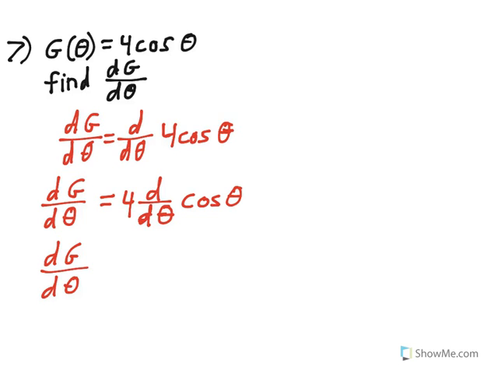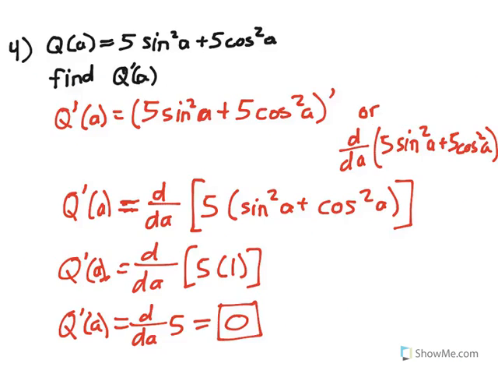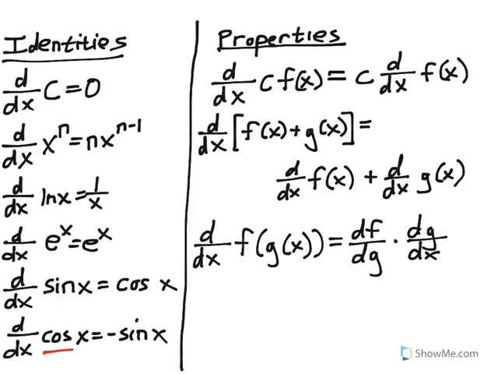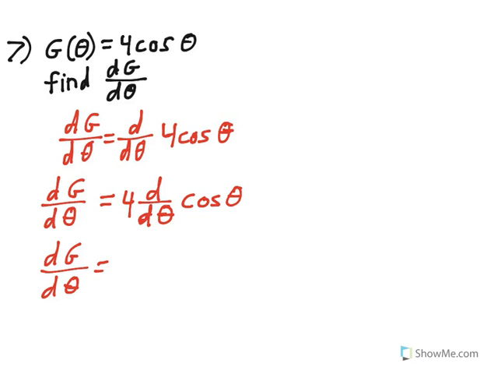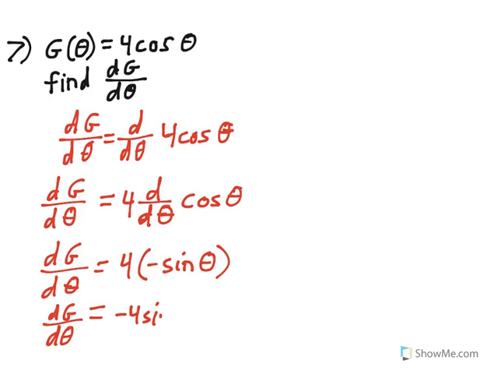And the derivative of cosine theta, going back to our functions over here, derivative of cosine is negative sine. And so we get 4 times the quantity negative sine theta, and so this becomes negative 4 sine theta. Alright, that was a pretty easy one.